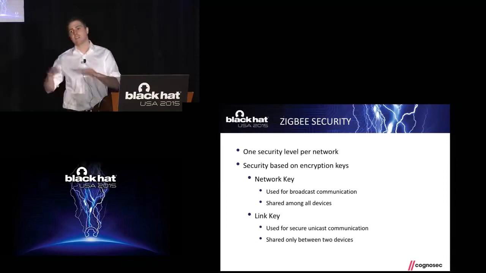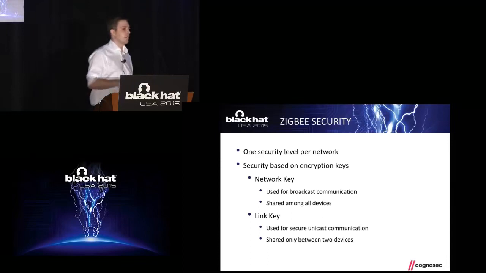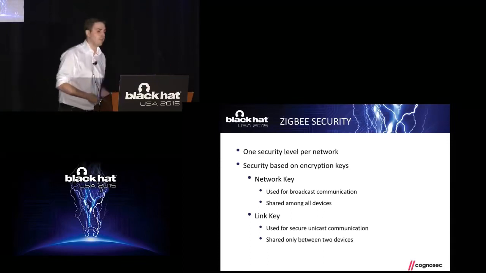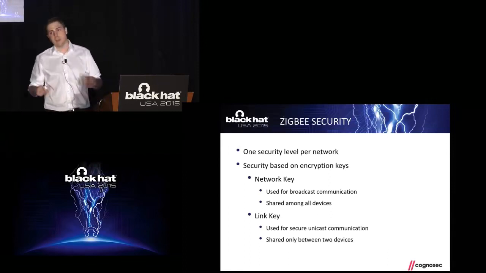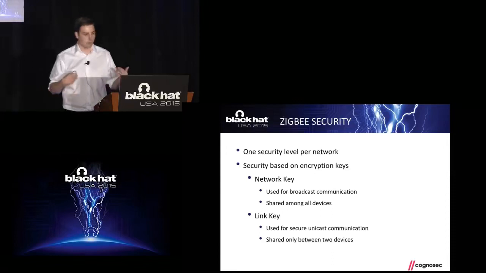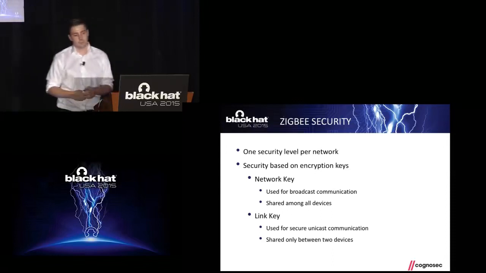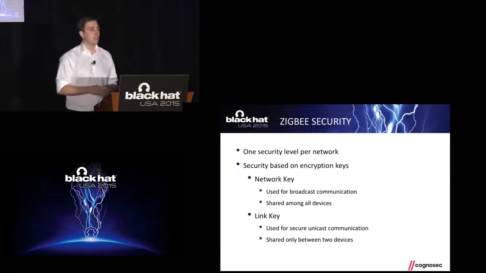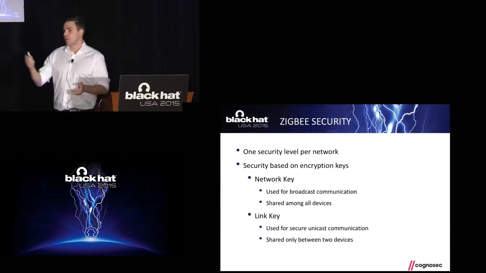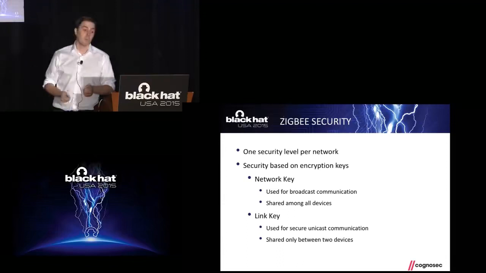Every device in your network knows this key, so they can do message forwarding, routing, and that kind of stuff in an encrypted way. For devices that require higher security, like door locks, they provide so-called link keys. They are used for unicast communication, and they're only available to two devices. So not every device should be able to open the door lock.